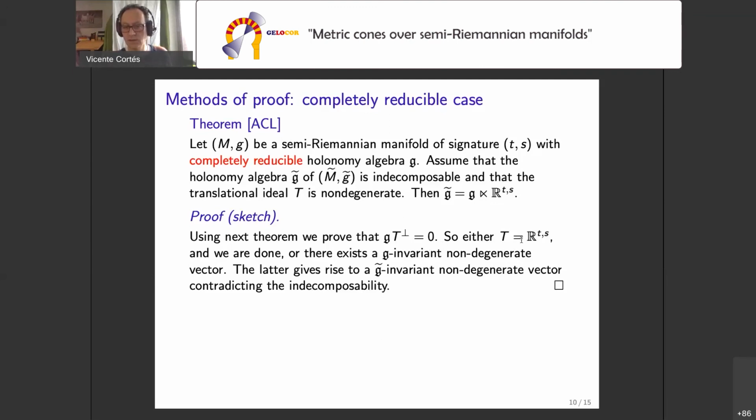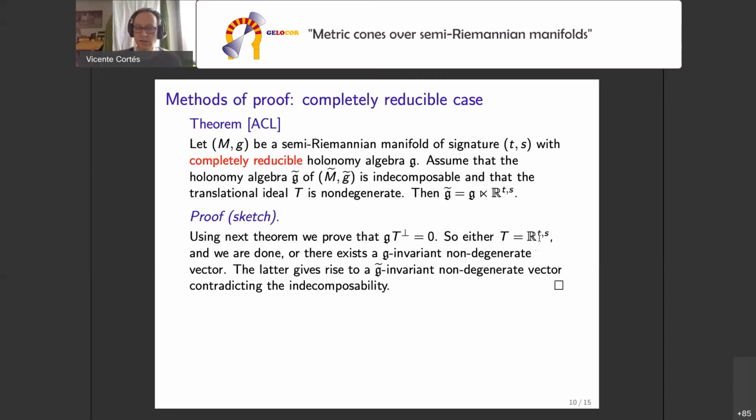Either T is all of the space of translations R^{t,s}, in which case T perp is 0, and of course this condition here is trivially satisfied. But in this case, if T is R^{t,s}, we already know that we have this semi-direct product. In that case, we have a semi-direct product, and we are done.